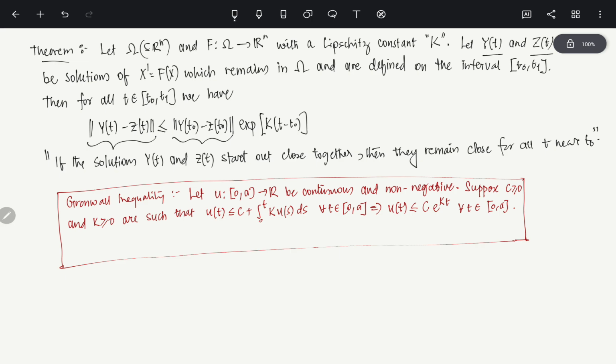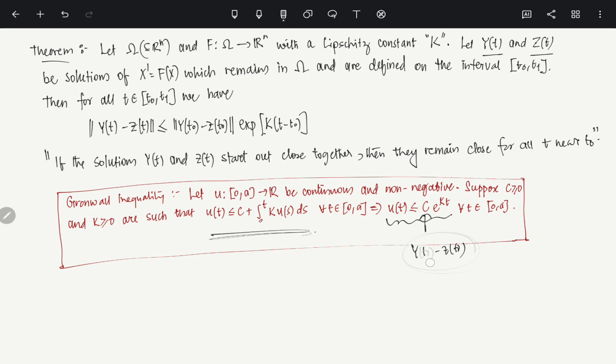If I can show that this constant is nothing but y(t0) minus z(t0), and somehow write this as u(t), and show that this constant will work, then we are done. Once we have something like this, that will imply this.